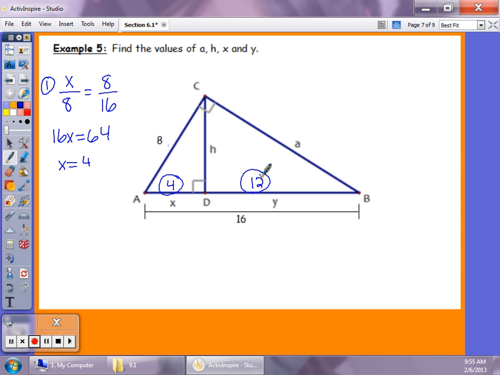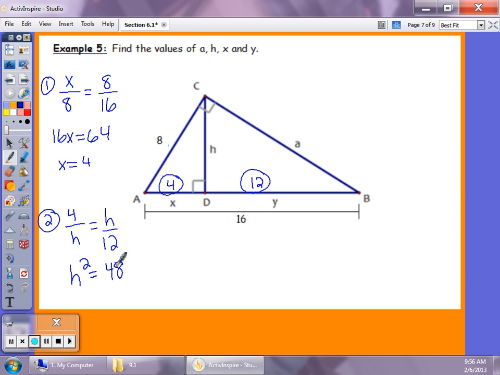So now that we know x and y, we can now use h as the geometric mean. So for the second step, we're going to go back to the theorem and the definition of geometric mean, and we can take 4 over h, set that equal to h over 12. So when we cross multiply, h squared is equal to 48.